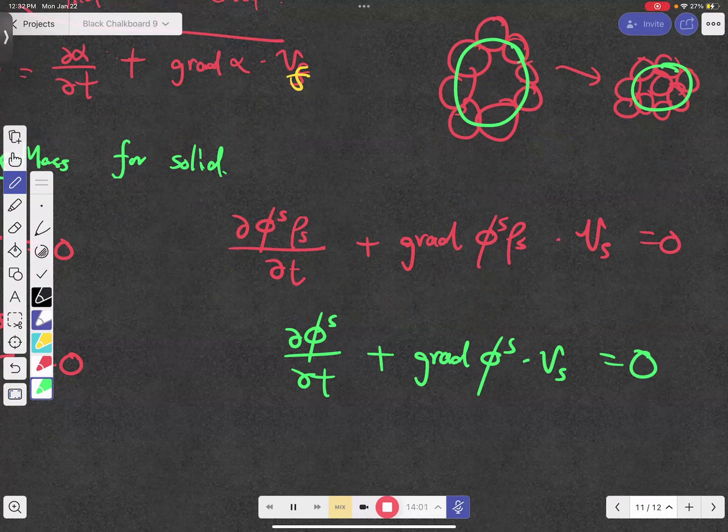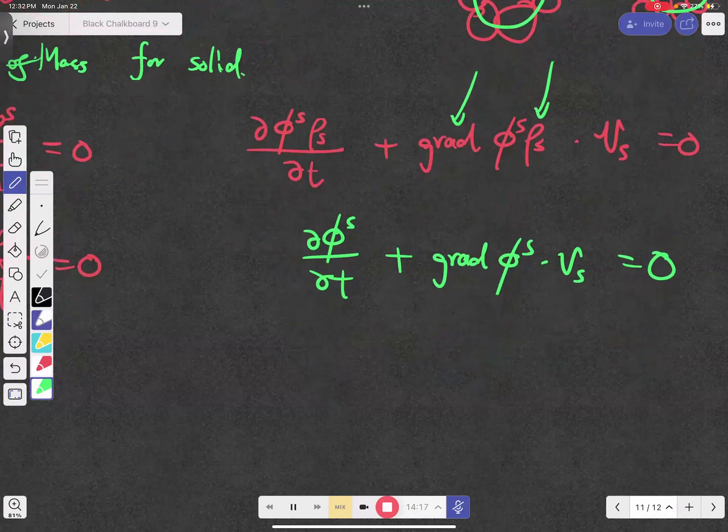Now, if you have two materials, be aware of that gradient. With two materials, or if the density of the intrinsic solid is not constant, you would get another term. So what happens to the fluid? It's the same.